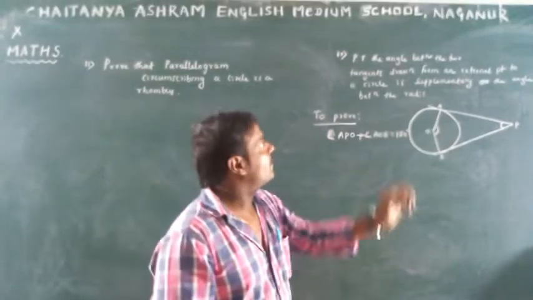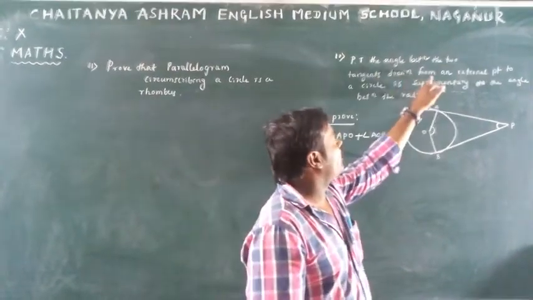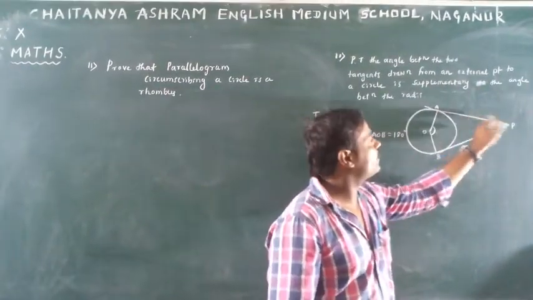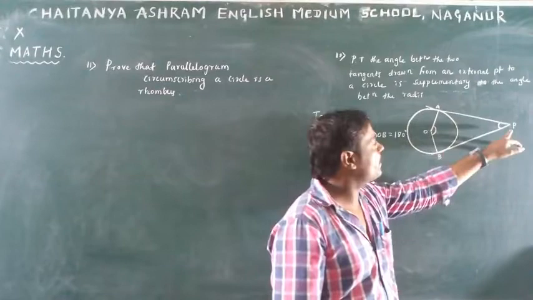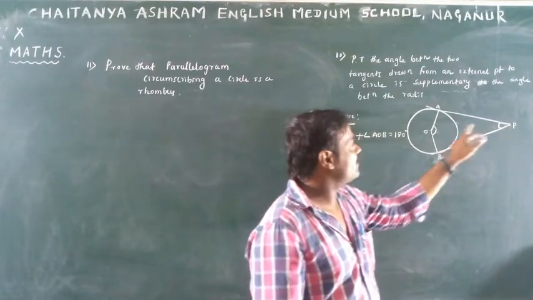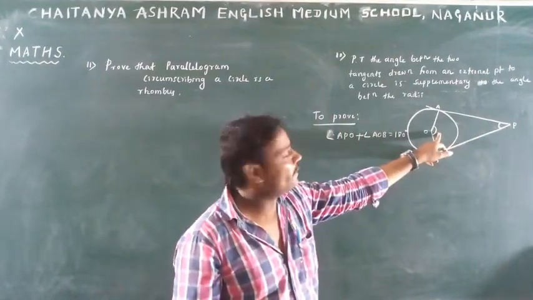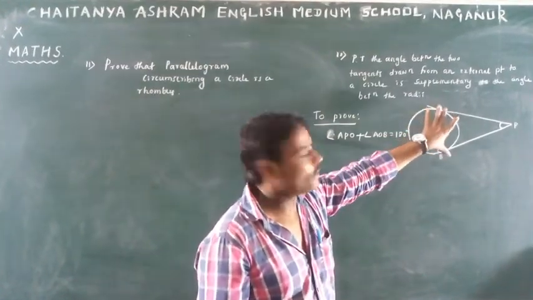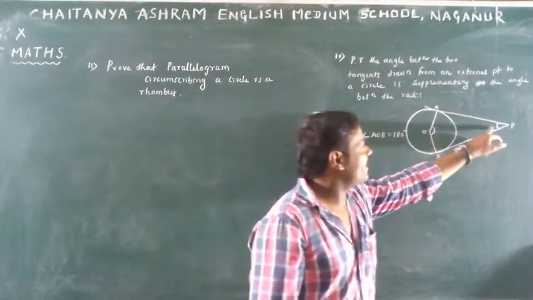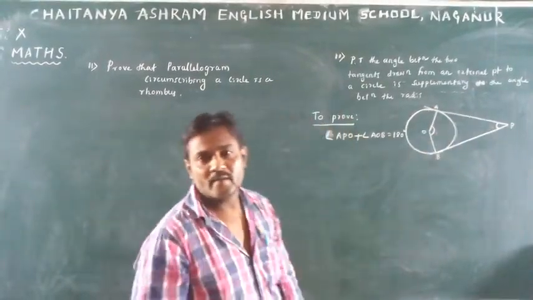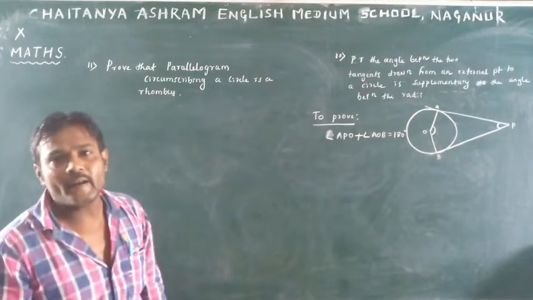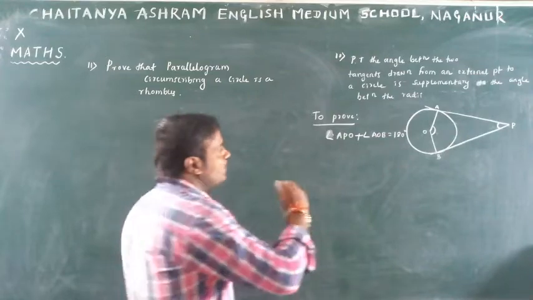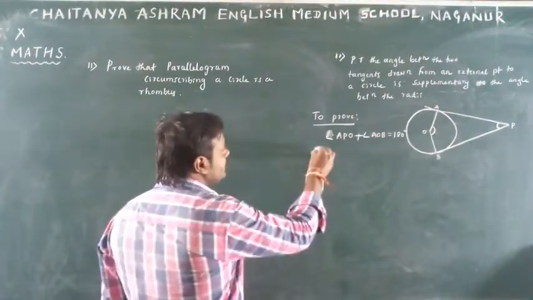This is the angle between the two tangents to this circle drawn from an external point, and it is supplementary to the angle between the radii drawn from the points of contact. So this angle plus this angle sums to 180 degrees. This we are going to prove. So to prove this, observe the proof.